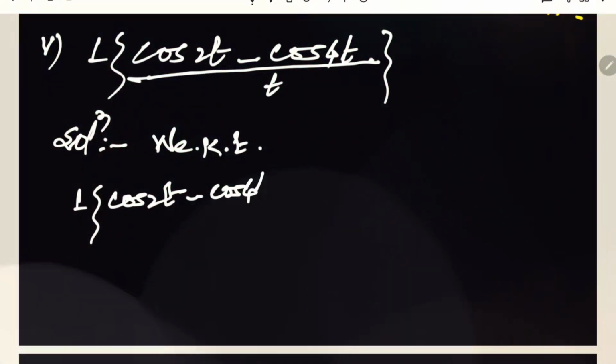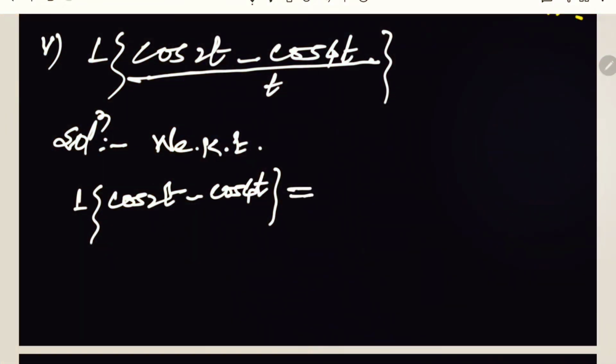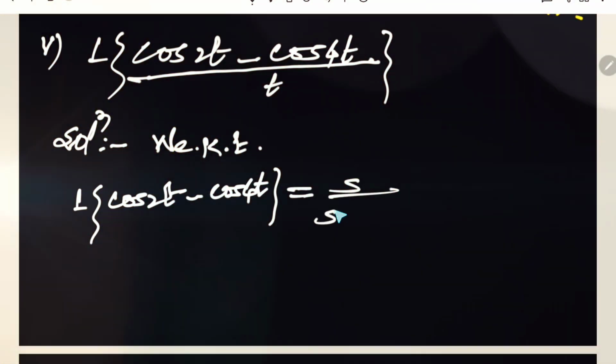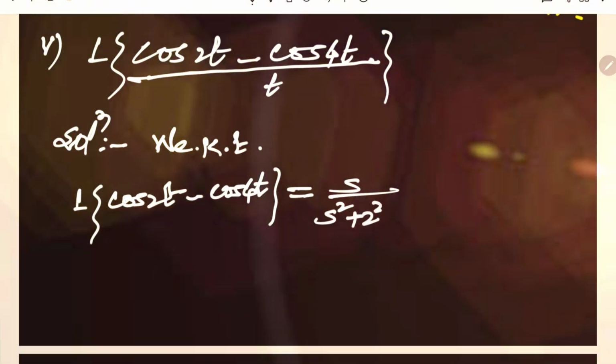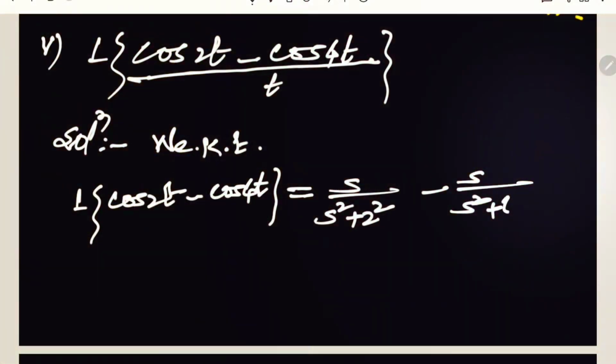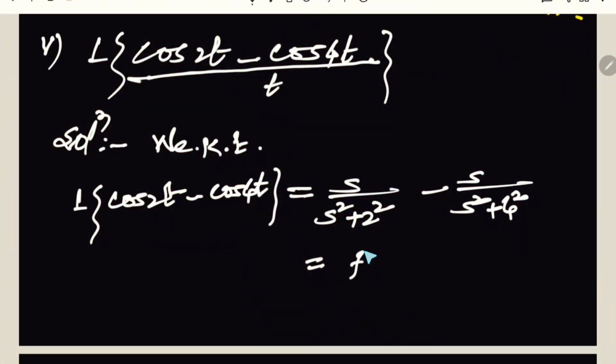A is here 2, therefore that becomes s upon s square plus 2 square. And for the second, same result, therefore s upon s square plus 4 square. And we call this f bar of s.